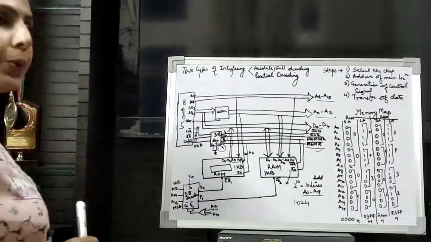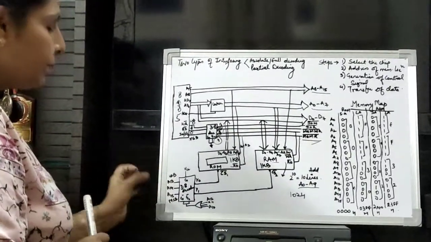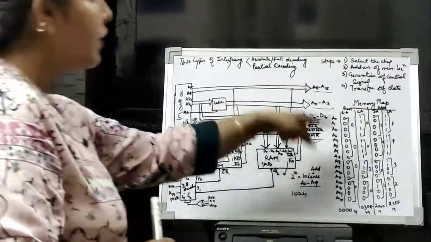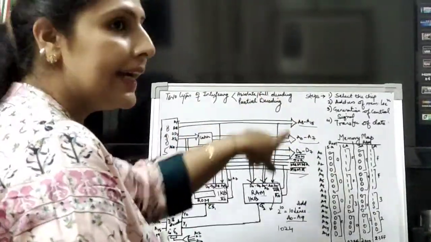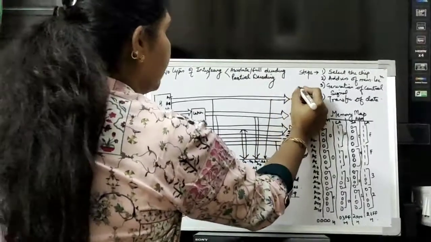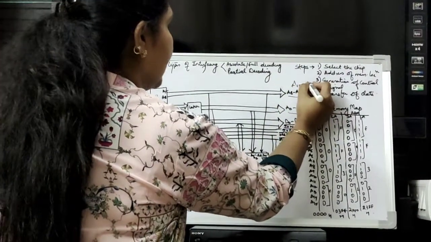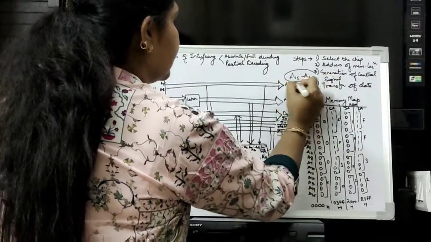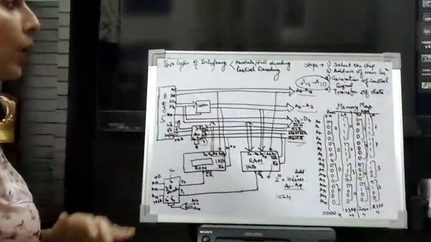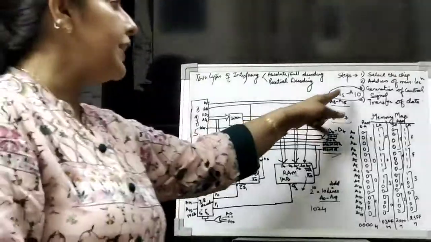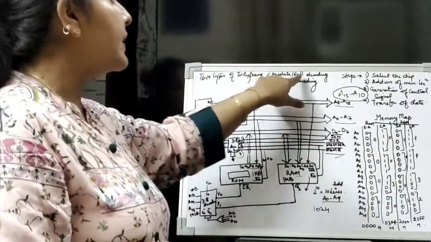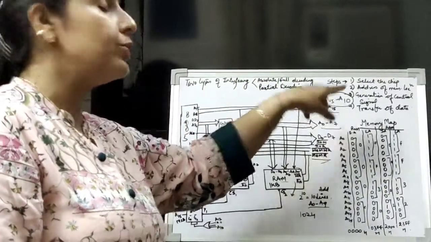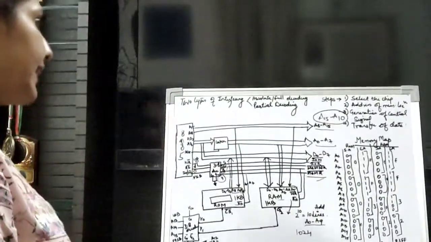So what we will do here, for the 3 inputs, what we have pending is A15 to A10. These are the address lines which are not in use. Because we are using absolute decoding, we have to use A15 to A10.